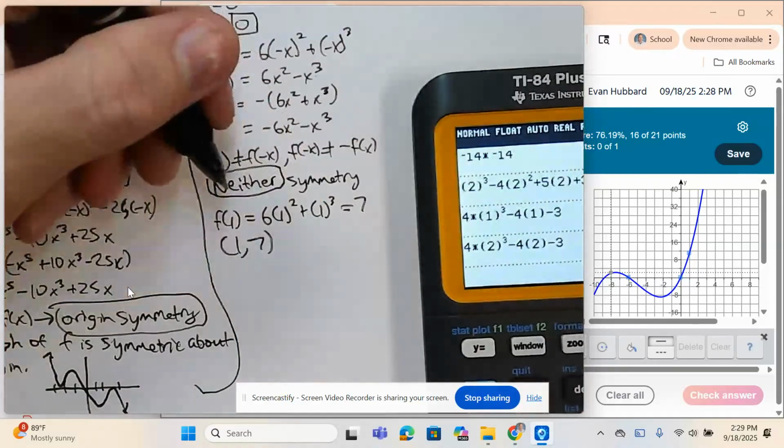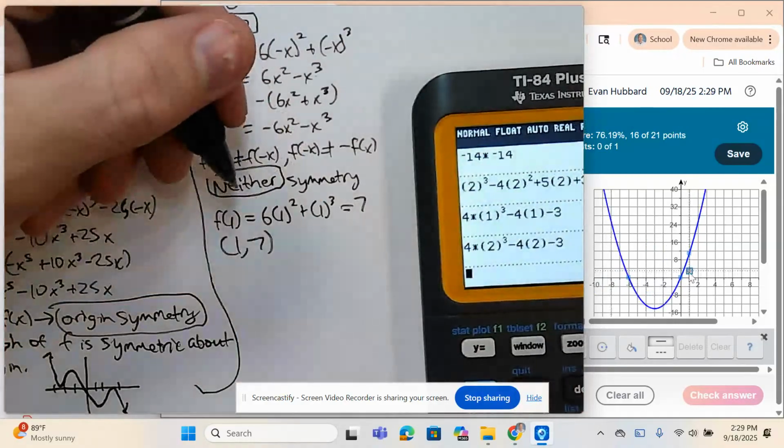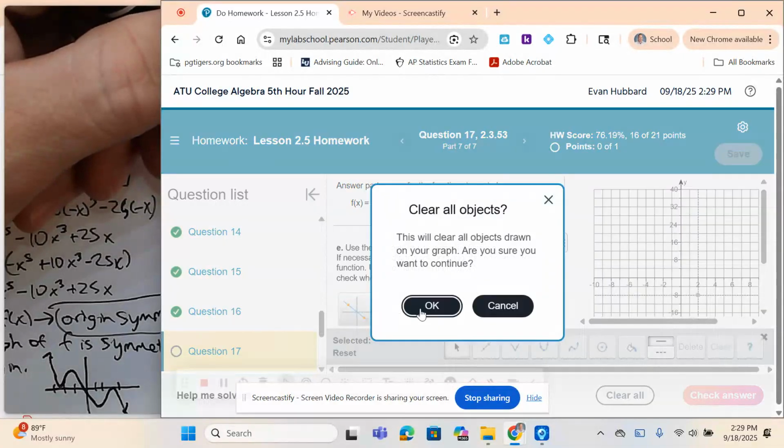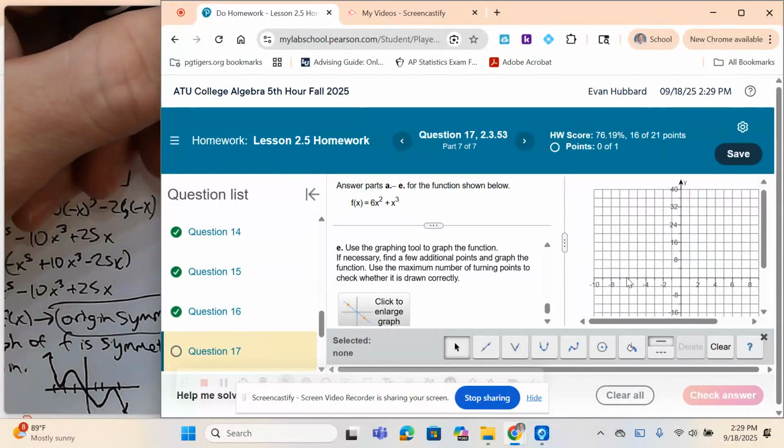So I'm going to need another point. Whoops. I didn't mean to plot that point. Let's clear that. So 0, negative 6. Clear that.